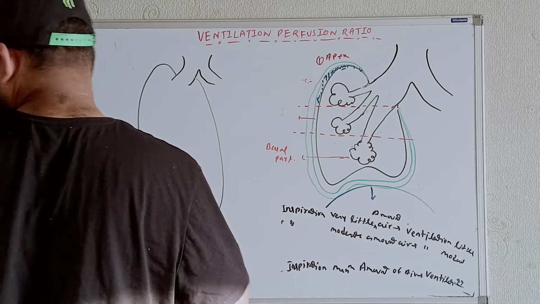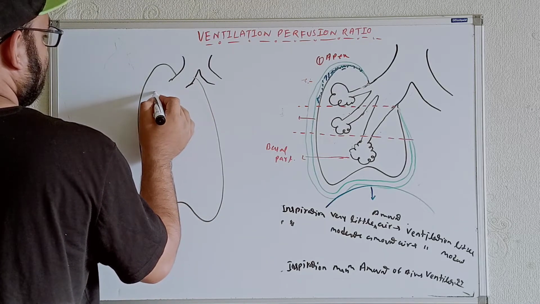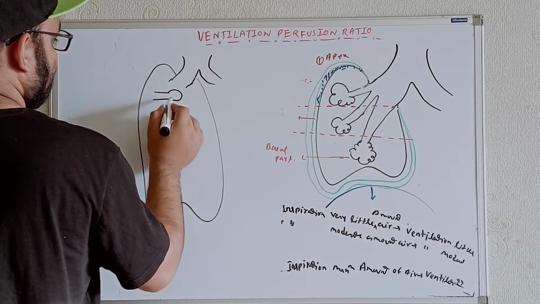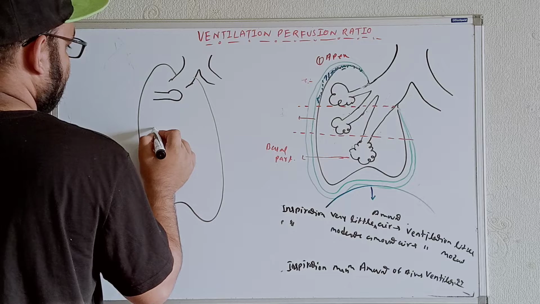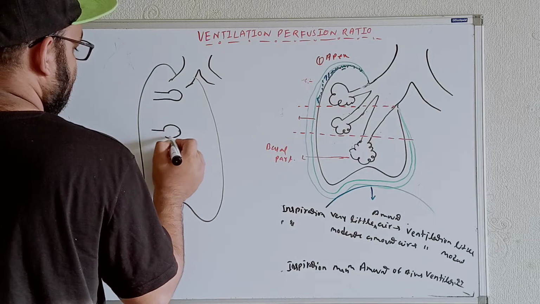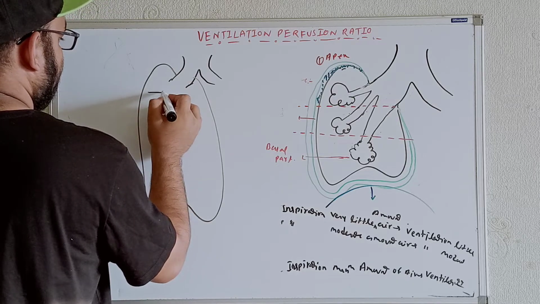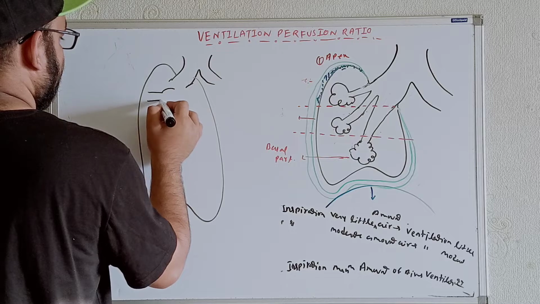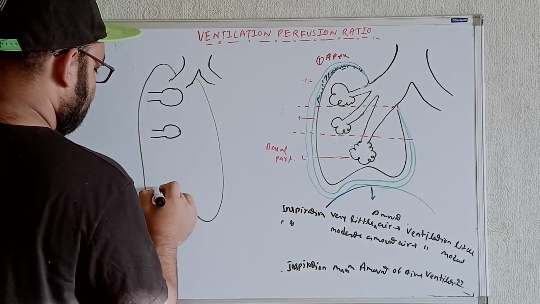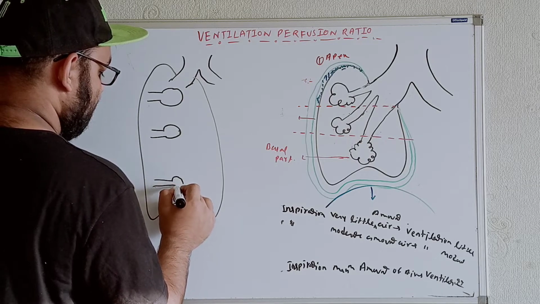Now in terms of the perfusion, let's talk about this part over here. Now I'm taking the first alveoli over here. The second alveoli I am considering over here, that means the mid one. Definitely I have to make the size larger for it. And for this one, the least size.